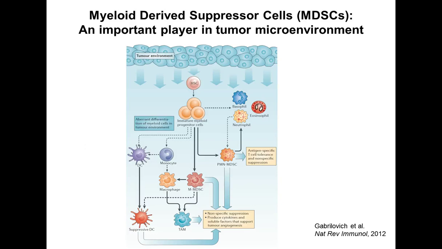Those progenitor cells can develop into monocytes, which become macrophages after entering resident tissues. They can also differentiate into granulocytes, including neutrophils, basophils, and eosinophils, and into dendritic cells. Those are normal healthy cells in healthy individuals.